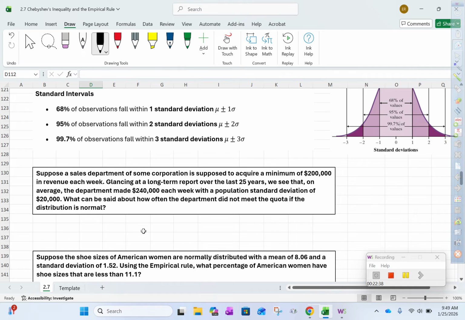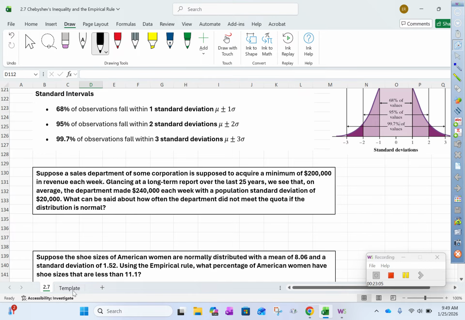We're going to go back to the example dealing with the company whose quota was 200,000, and we had the mean being 240,000 and the standard deviation of 20,000. So in general, to answer these questions, we would have to figure out what goes in the middle and what we're counting by to fill out the bell curve, because we were given the distribution as normal.